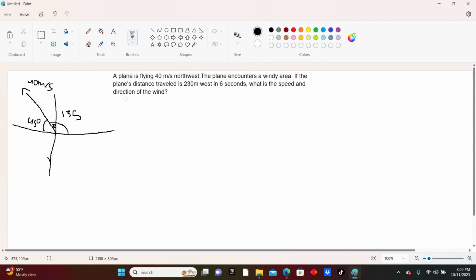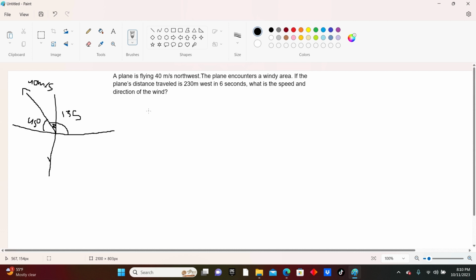So we have to find the vertical and horizontal components of the wind speed in order to find its final component, or its hypotenuse. If you notice the question, it says the plane's distance traveled is 230 meters west, and it's traveling in the west direction, despite having a vertical component of velocity going in the north direction.